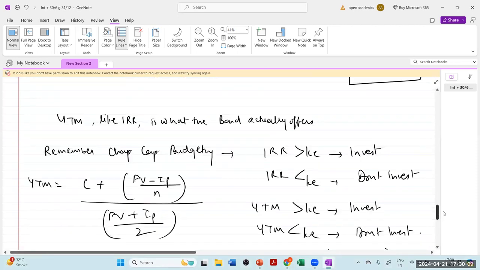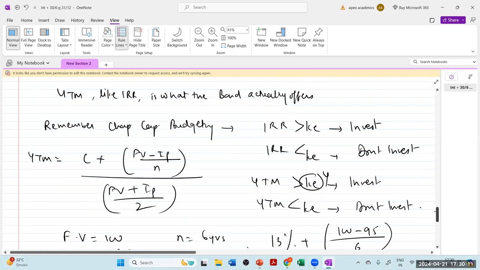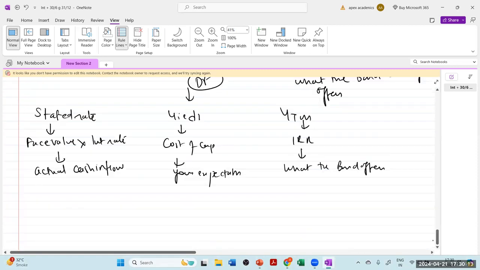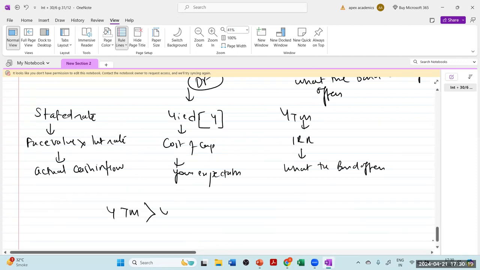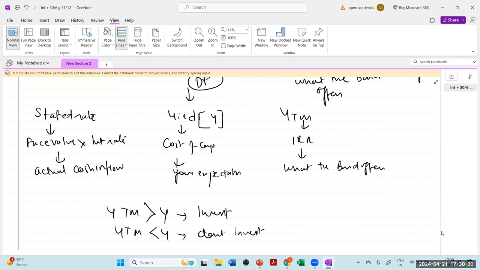My dear friends, KE is nothing but Y. Y means yield. So if yield to maturity is greater than yield, you will invest. If yield to maturity is less than yield, you will not invest. Understood? Is this clear? Yes or no?